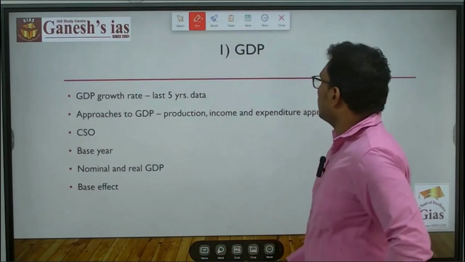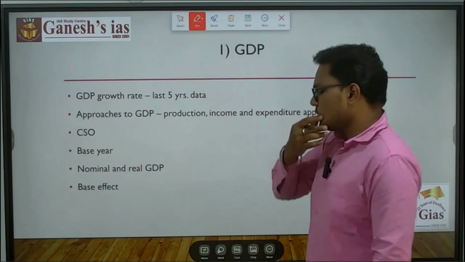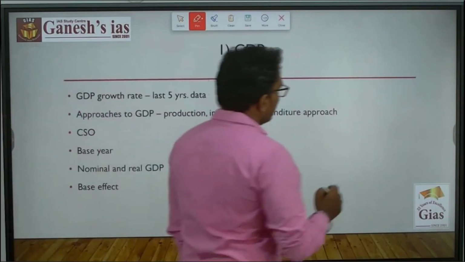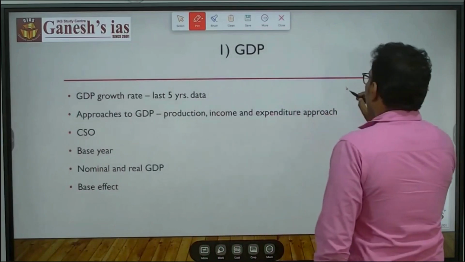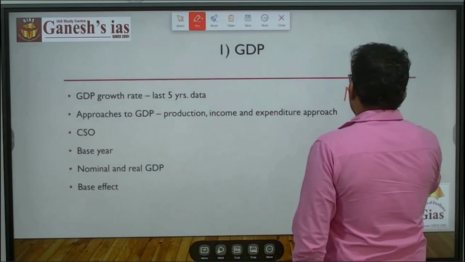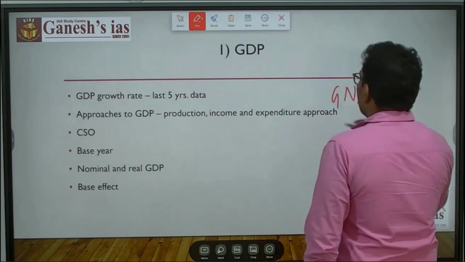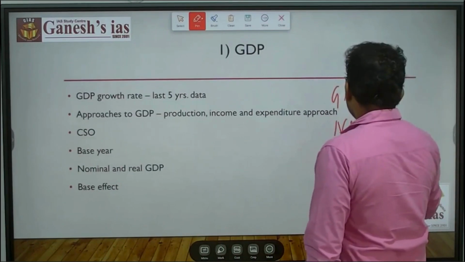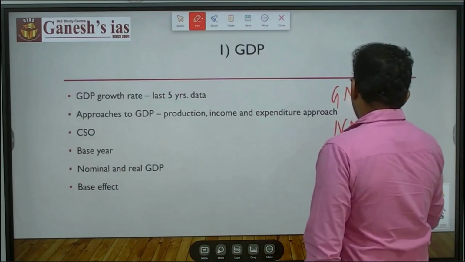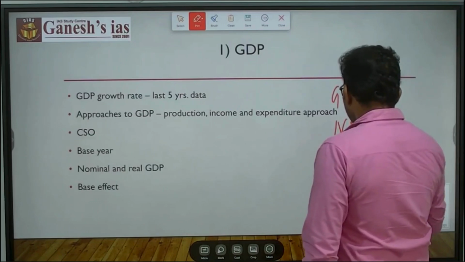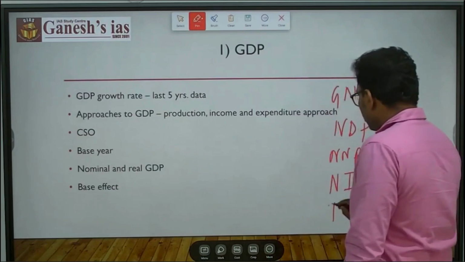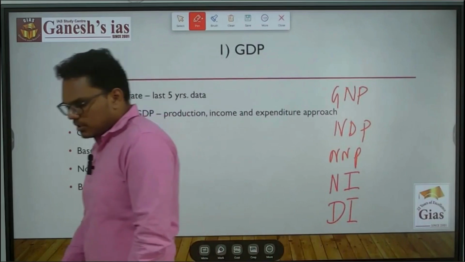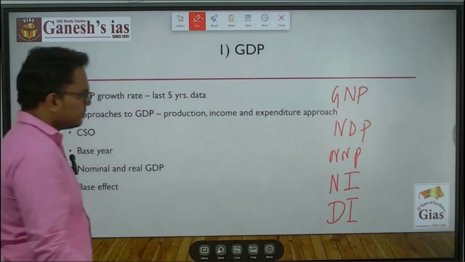So first, you need to know what GDP is. It's gross domestic product, and then you need to know what is GNP, and then what is NDP, net domestic product, and then net national product, and then you need to know what is national income, disposable income, personal income.